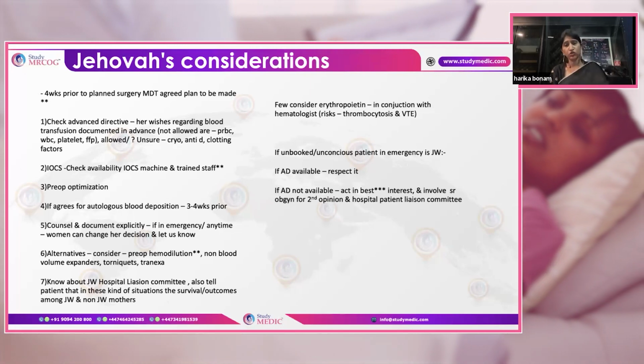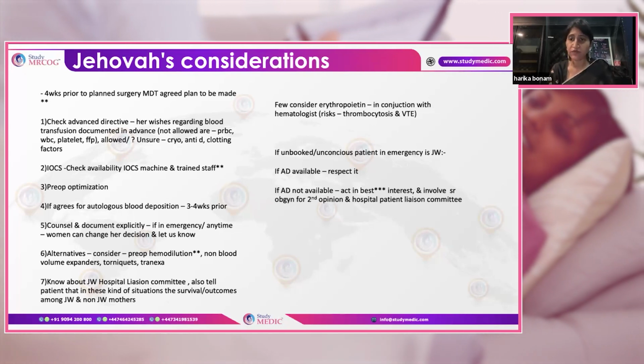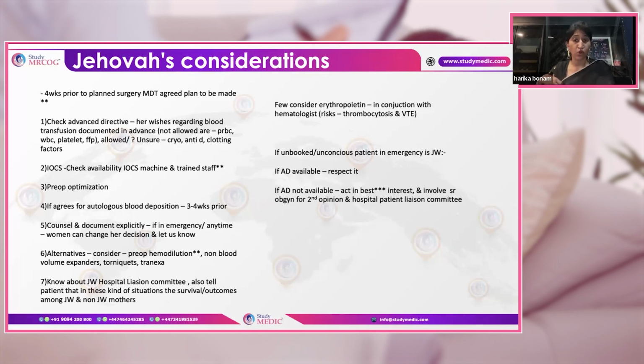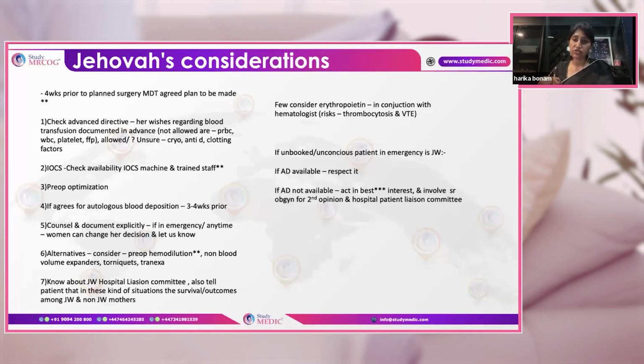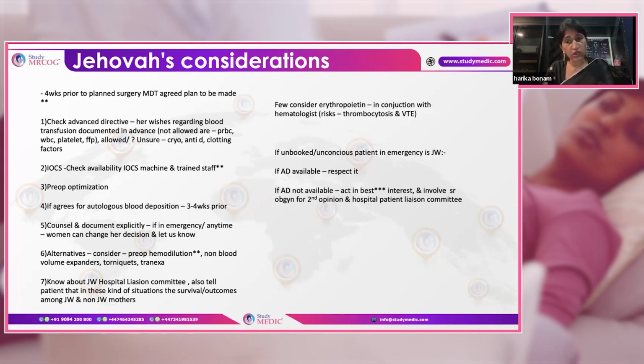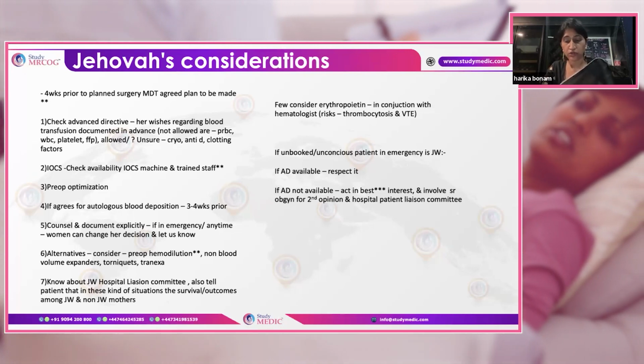In case you have a patient who is unbooked or an unconscious emergency patient who is a Jehovah's Witness, if an advance directive is available, you have to respect it. If it is not available, act in the best interest of the patient and involve a senior obstetrician for a second opinion and involve the hospital committee, because you have to also save your skin.